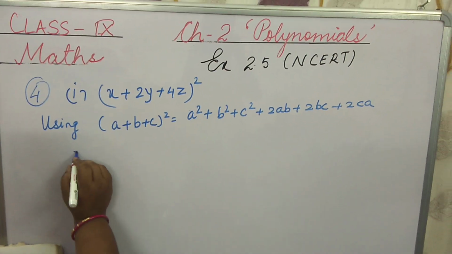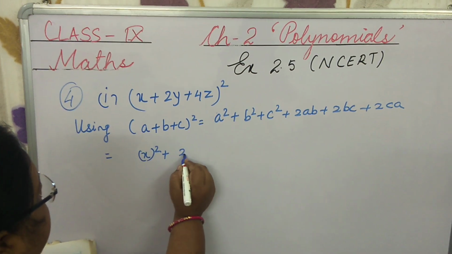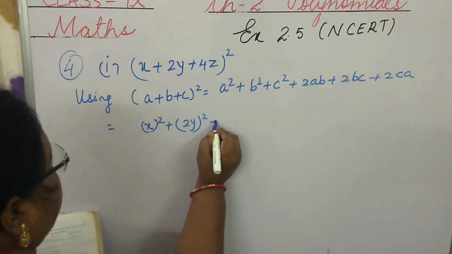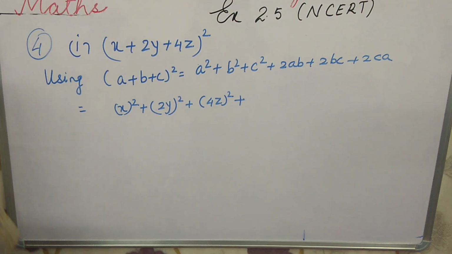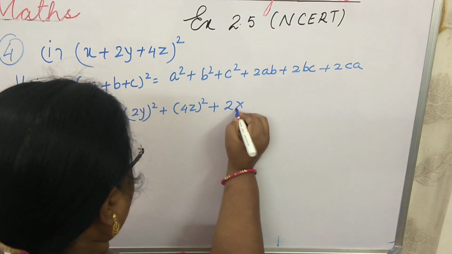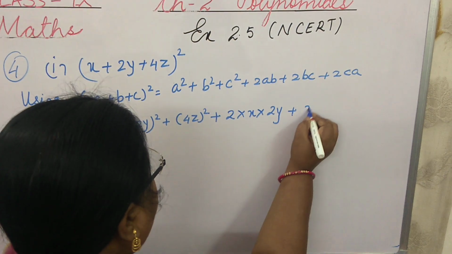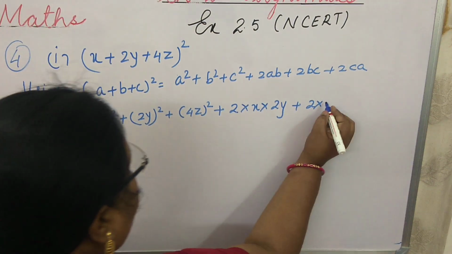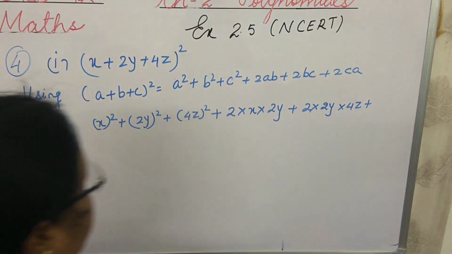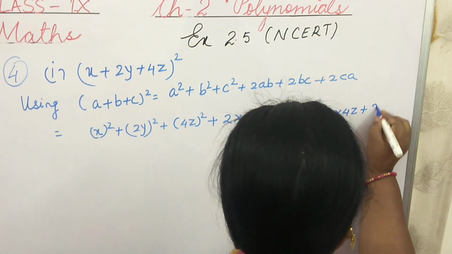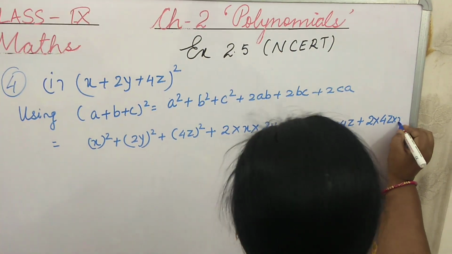What is a over here? Here a is x, b is 2y and c is 4z. So x whole square plus 2y whole square plus 4z whole square plus 2 into a, that is x, into b, that is 2y, plus 2 into b, that is 2y, into c, that is 4z, plus 2 into c, that is 4z, into a, that is x.